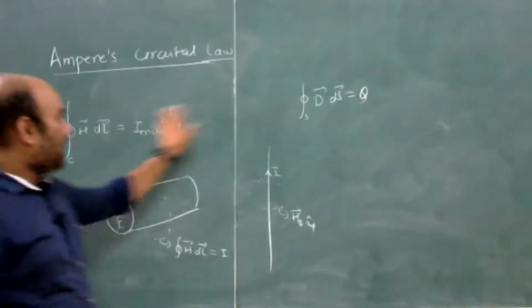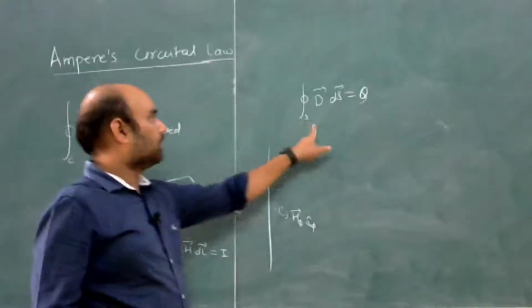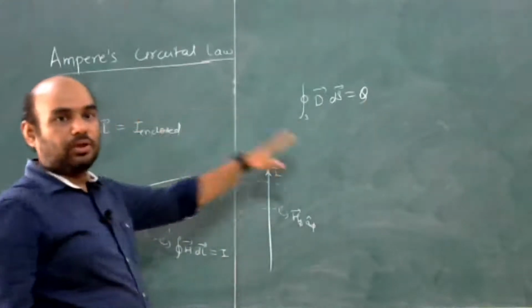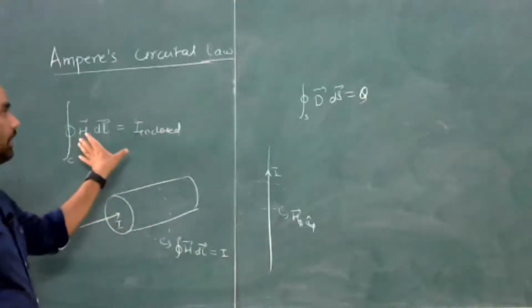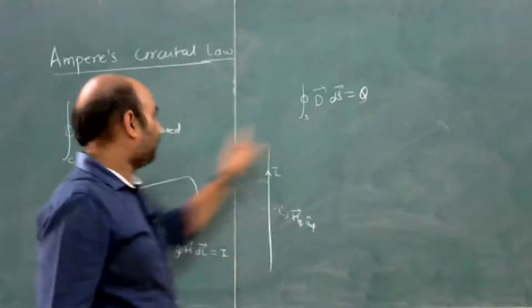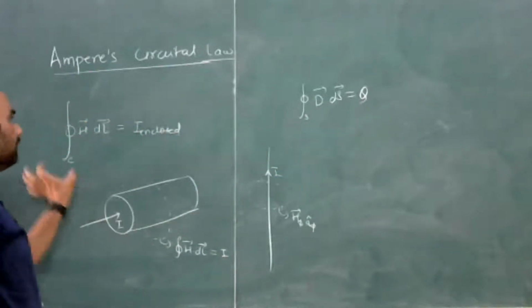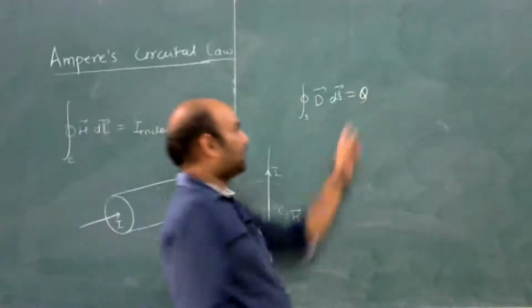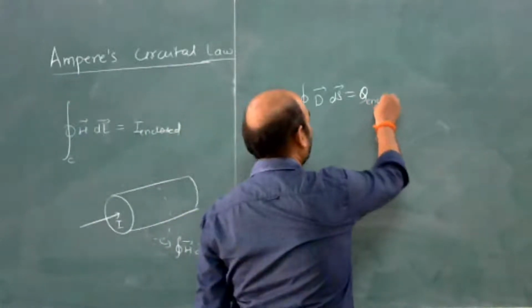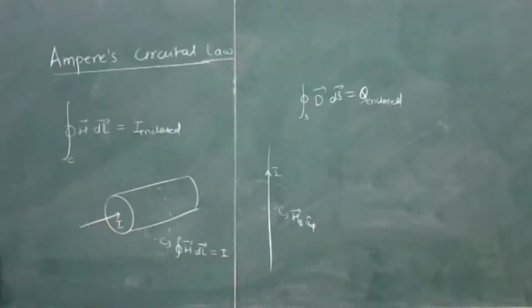This is analogous to Ampere's circuital law. Here it is D dot dS, a closed surface integral, and H dot dl, a closed line integral. If it is charge enclosed there, here it is I enclosed by the closed loop, the current flowing through the conductor.